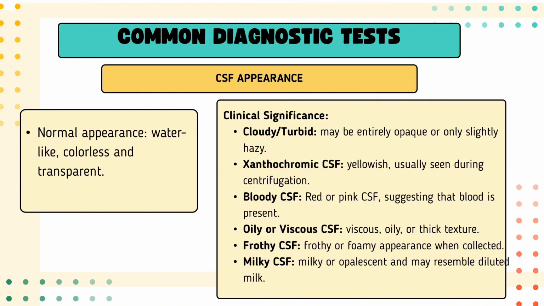For frothy CSF, frothy or foam appearance when collected, possible causes may be high protein levels. For milky CSF, milky or opalescent and may resemble diluted milk. Possible causes might be chylous effusion, meningeal carcinomatosis, and infections.